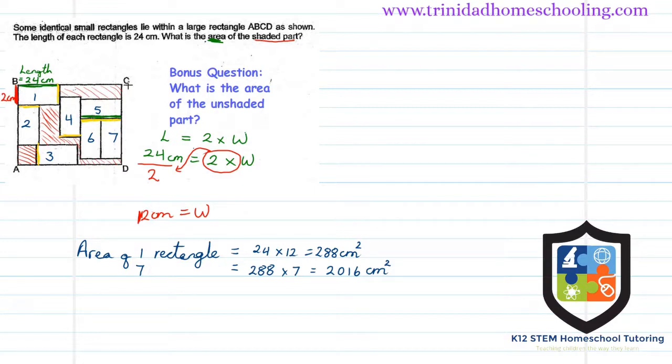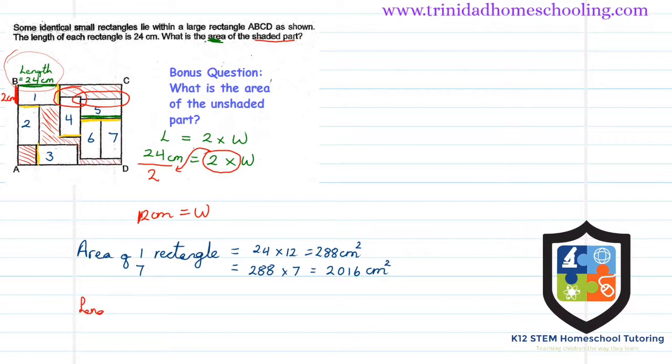So this is horizontal here. Let's look at all the horizontal lines of these shapes. So you're seeing here we have this length here, this 24. We have this width here, and we have this 24 centimeters here, making up the entire length of BC.